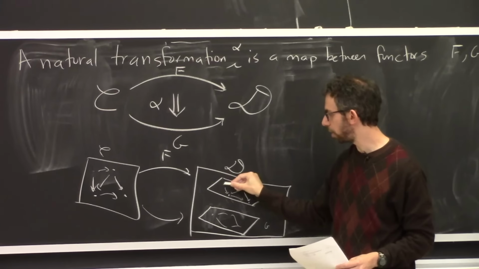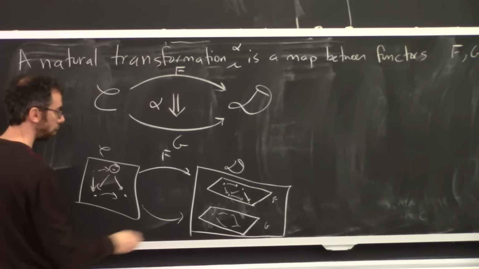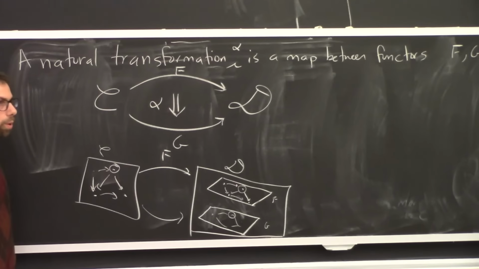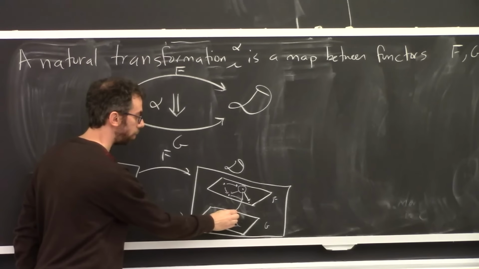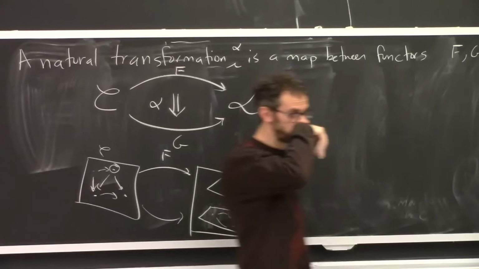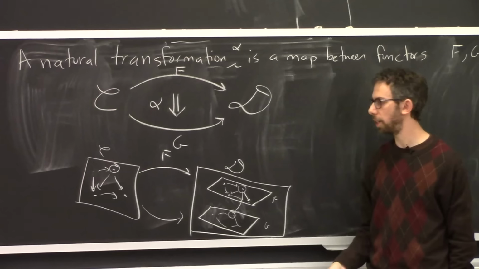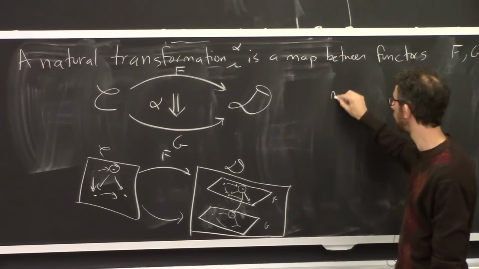And a natural transformation says for every object in this one, you both have an idea where it's supposed to go. Both F and G say it's supposed to go somewhere. And I'm going to draw an arrow between them in D. And I'm going to do that for each object in C. So the maps occur in D.